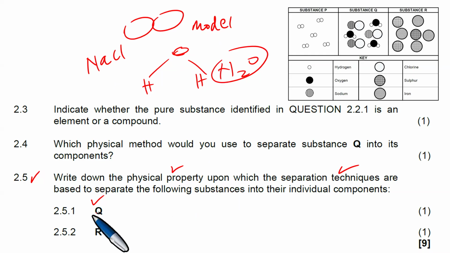Now, if you write down the physical property upon which the separation techniques are based to separate the following substances into their individual components, what physical property can be used to separate Q?